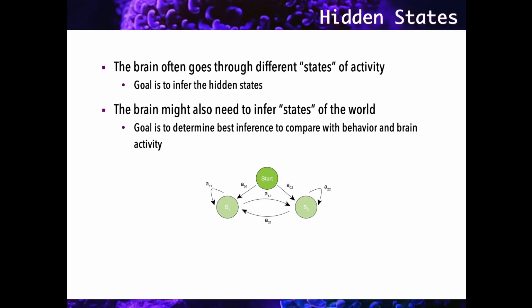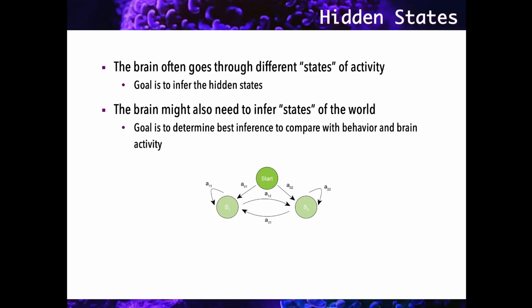We can picture this in graphical models, where we expect to have a series of different states, and probabilities of jumping between states, here represented by these A probabilities. So we will have probabilities of jumping from the starting state to the first state, probabilities of remaining within the same state, and so on.